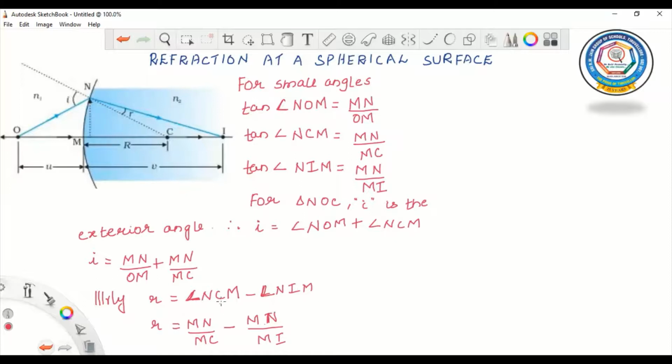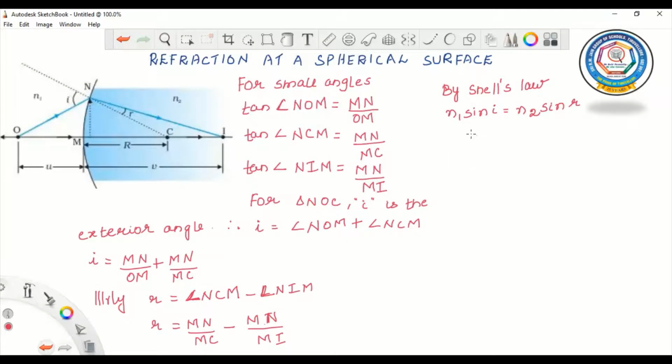Now let us apply Snell's law of refraction. By Snell's law, N1 sin i is equal to N2 sin r.